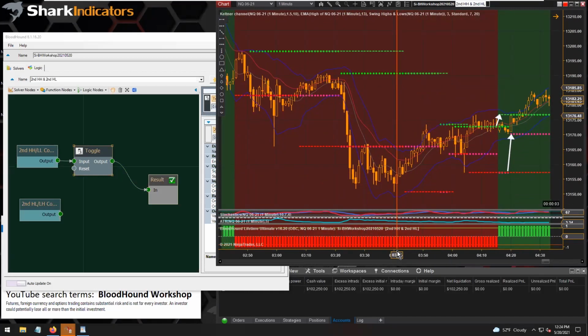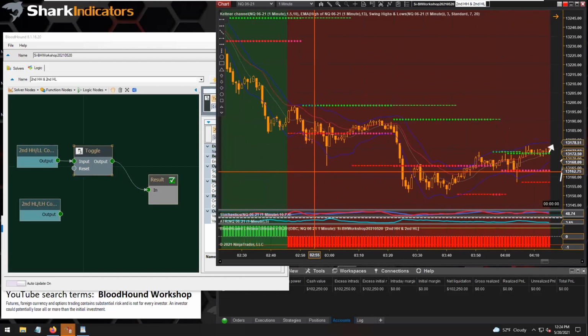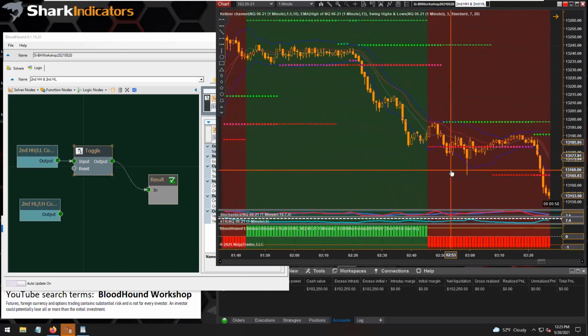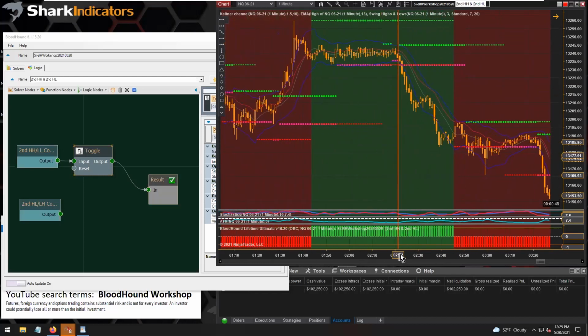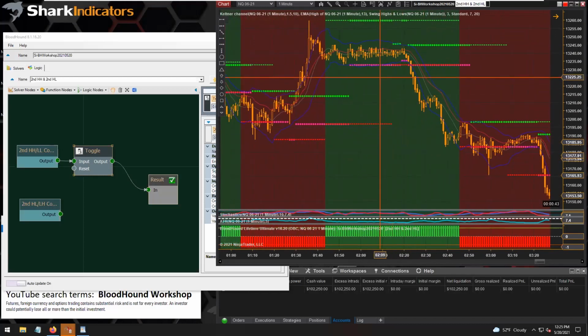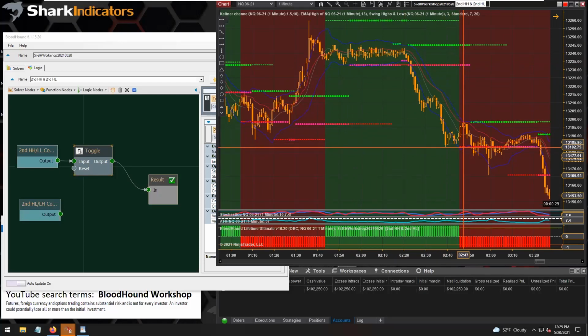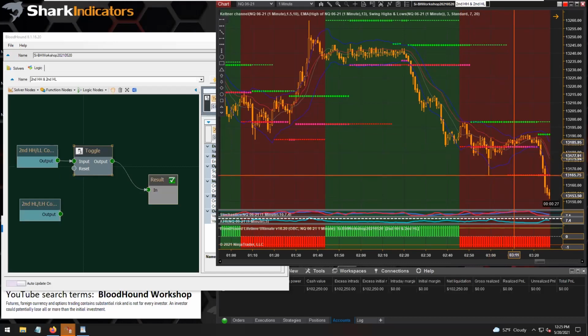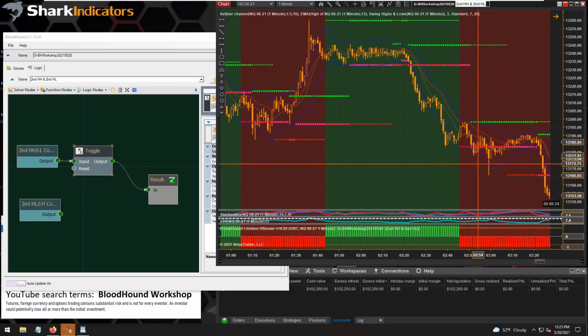All right, so further back here, we can see that price is stepping down. So we have a swing low. That swing low stepped up, and then it stepped down. As soon as these swing lows start stepping down, that's when we're getting the short output.